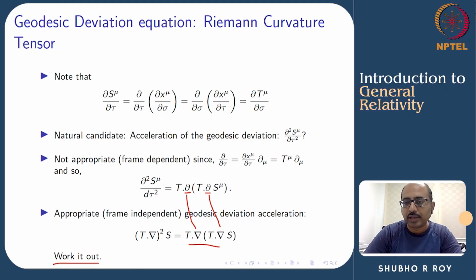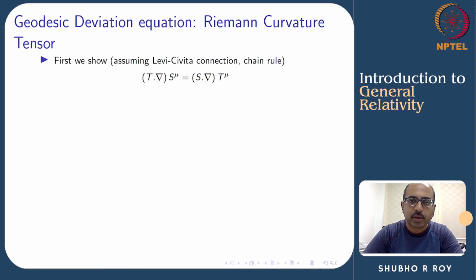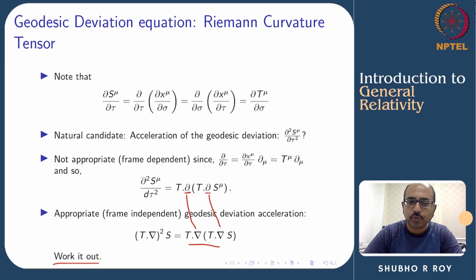Of course, the steps of algebra I will skip. You can find them in the notes because they are not that illuminating. It's mostly just high school algebra: manipulating, adding, subtracting, and keeping track of indices. That's all it is. But I will sketch it a little bit, schematically. We have to operate T dot nabla on S twice.